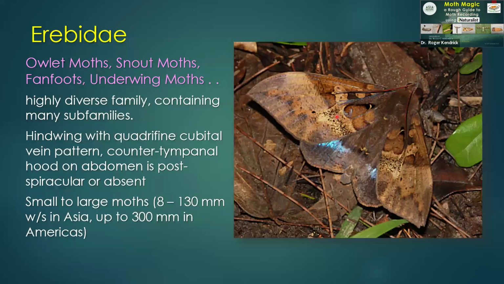So the crypsis is primary method of defense. If that gets busted by the predator, the forewing is lifted, revealing bright colors for the hind wing. That makes the predator think, whoa, what's going on? And gives the moth time to get away.